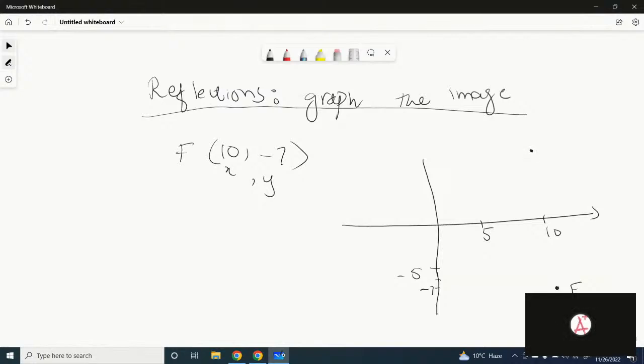X is the same. Now the value of the y component is changed. The new values are 10 and 7. The coordinates of F dash are 10 and 7. Got it? The value of the y component is changed in this case.